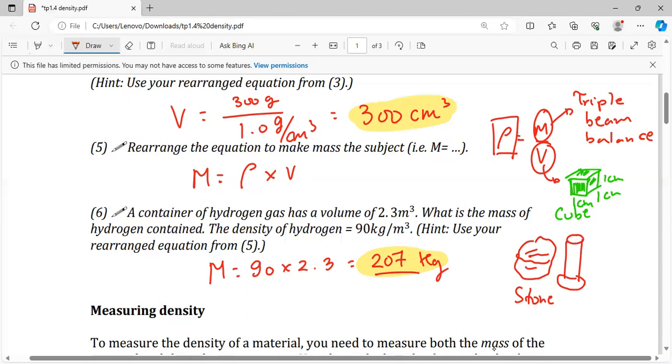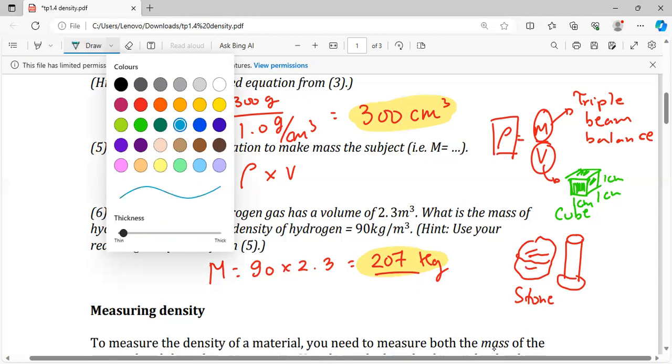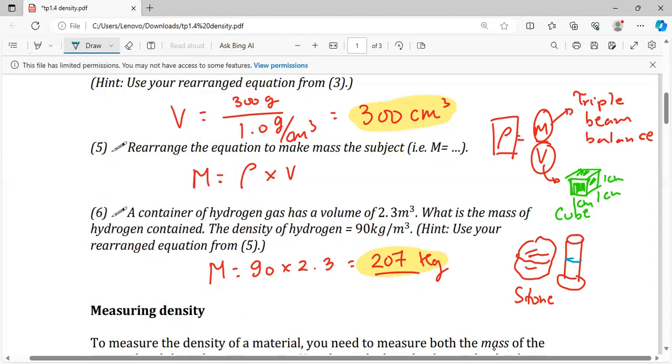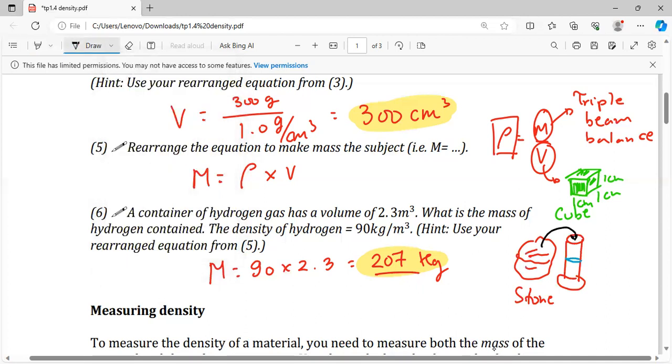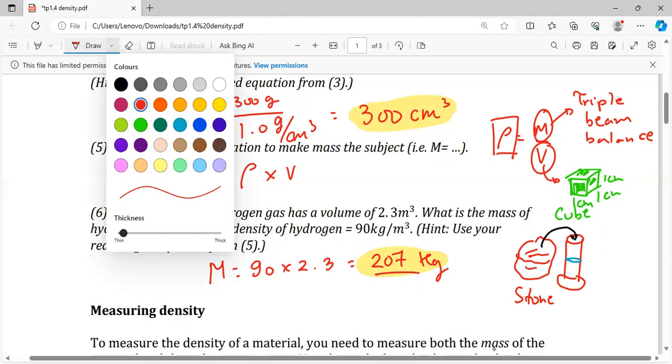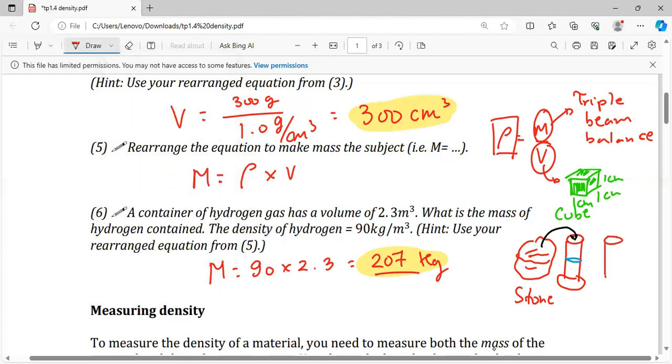You need a measuring cylinder. Fill the measuring cylinder with a certain volume of water like this, and then insert the stone.